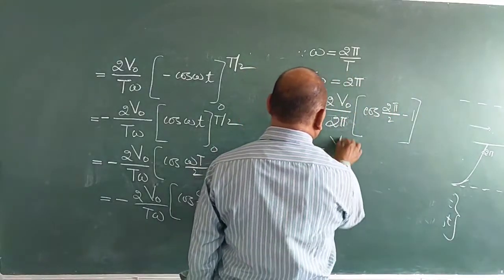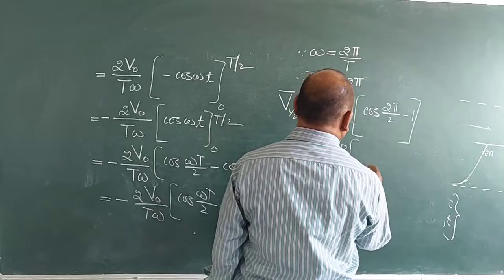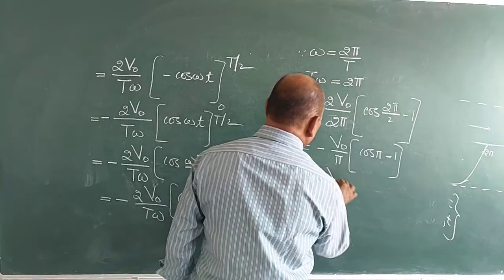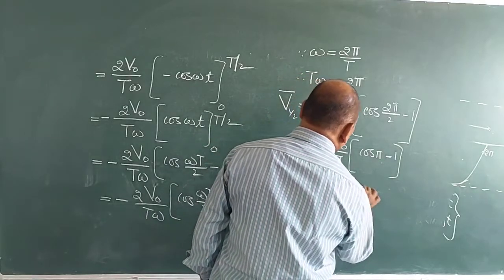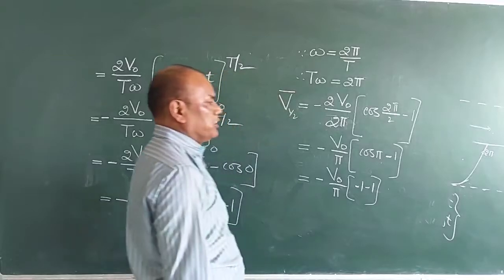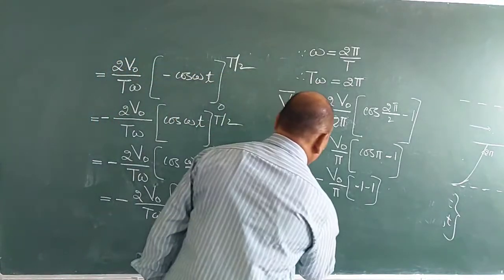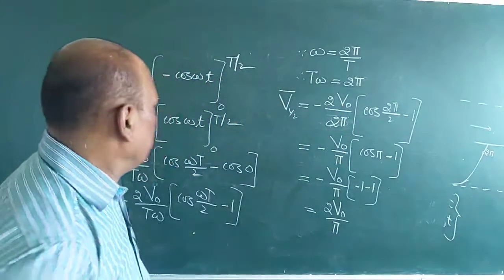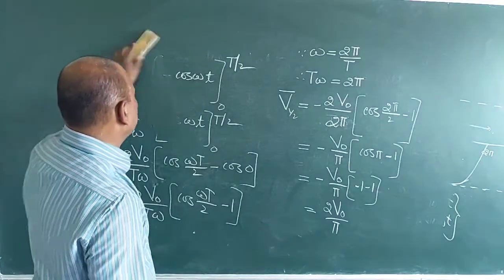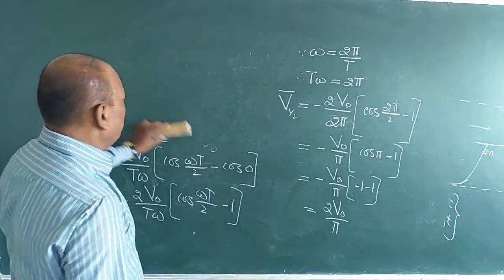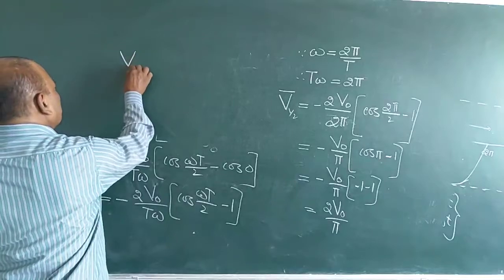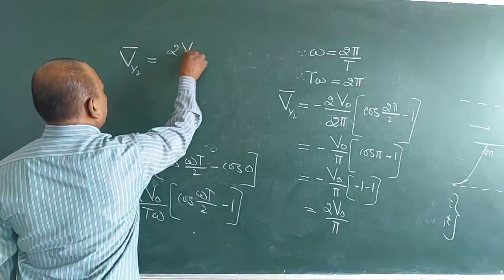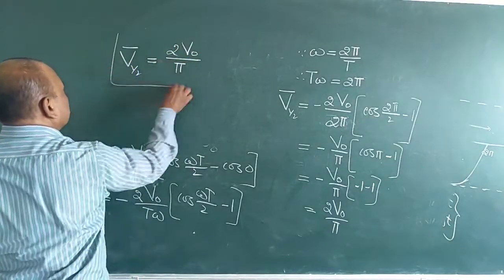So this becomes minus V0 upon pi, into cos pi minus 1. Cos pi is minus 1, so it becomes minus V0 upon pi into minus 1 minus 1. So this becomes 2 V0 upon pi. In this way, we get the average value of voltage in half rotation. So V half is equal to 2 V0 upon pi.